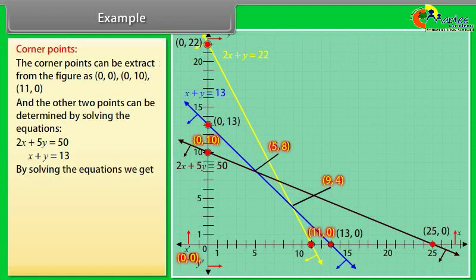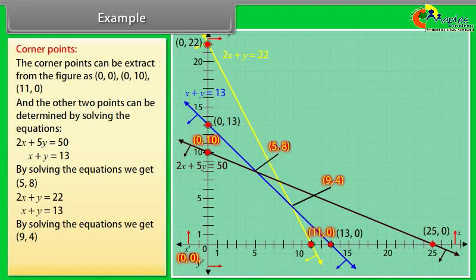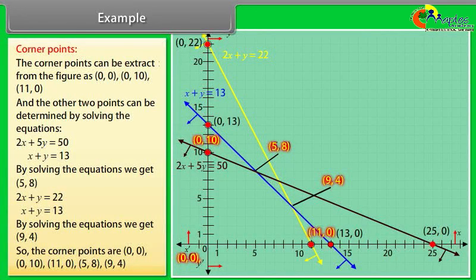By solving the equations, we get 5, 8. Then 2x plus y is equal to 22 and x plus y is equal to 13. By solving the equations, we get 9, 4. So, the corner points are 0, 0, 0, 10, 11, 0, 5, 8, and 9, 4.